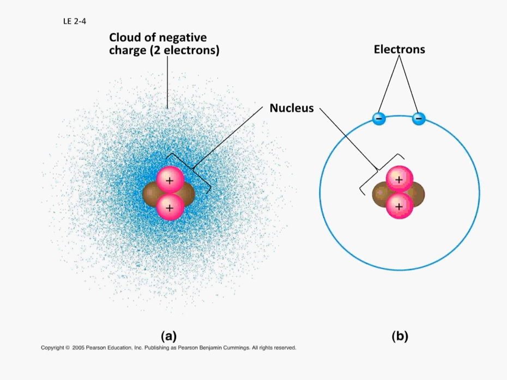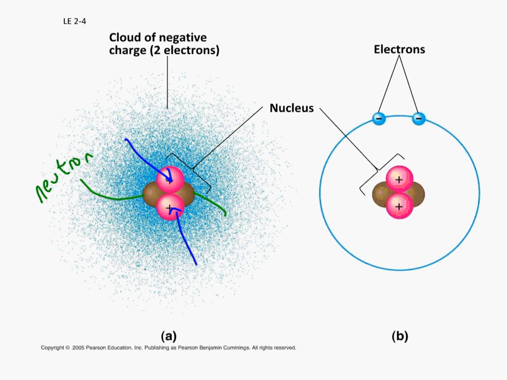The atom is made up of several components. You have the protons that are the positive pieces, the neutrons here, which are these neutral pieces. They do not have a charge.